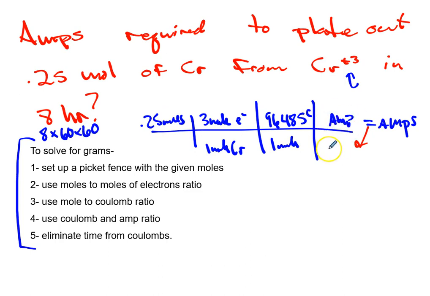And then, did anyone multiply that for me? 28,000. Okay. So that leaves you with just amps because the seconds were eliminated, and then there you go. So you take your moles times your electrons, essentially, times it by your Faraday constant, and divide by seconds.